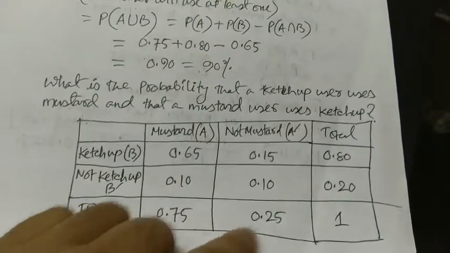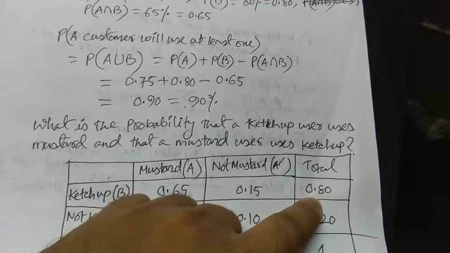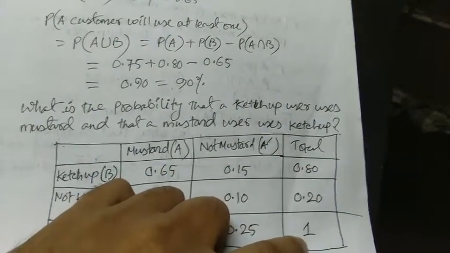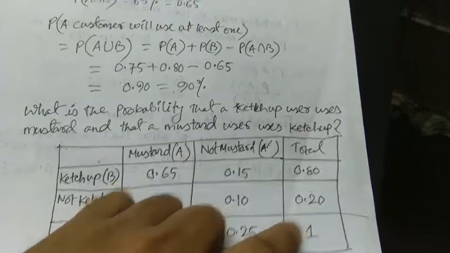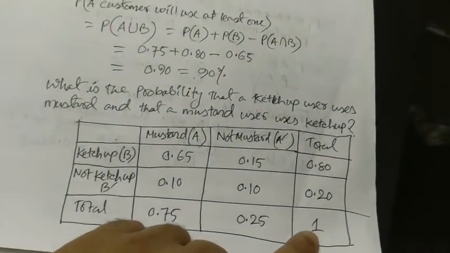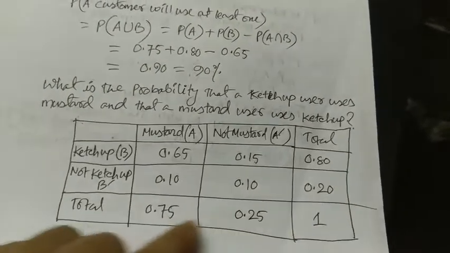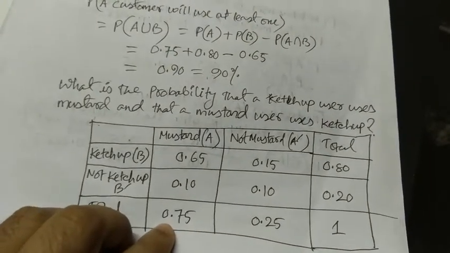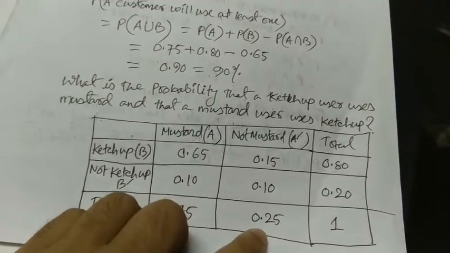Again, if this one is 0.80 and the total is 1, this one is 0.20, right? If the total is 1 and this one is 0.75, this one should be 0.25.